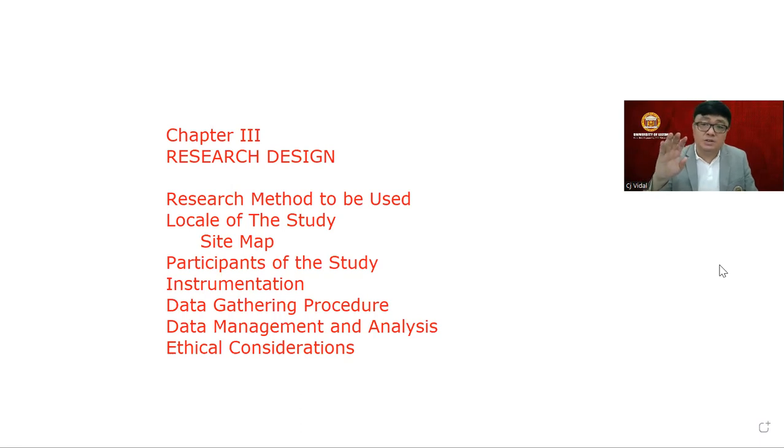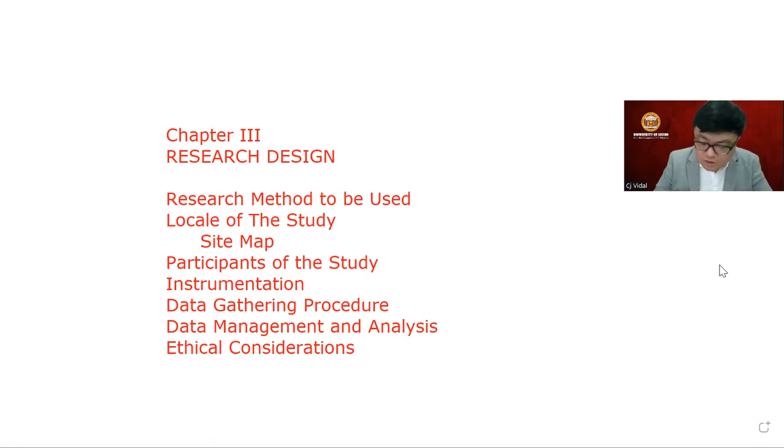You need to be specific, and as much as possible aided by a diagrammatic flowchart that will represent the different steps in the research data gathering process.